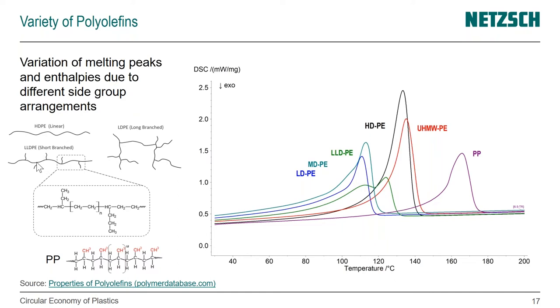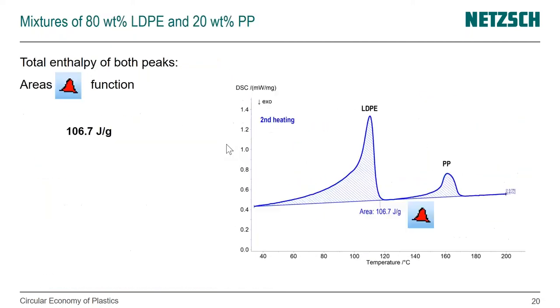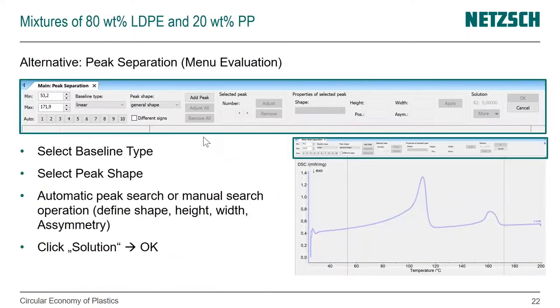Let me slow down. Then on slide 22, the question is, how to determine the onset of PE melting? With peak separation, and maybe there is a problem with the slide, I really only need to set the bounds.